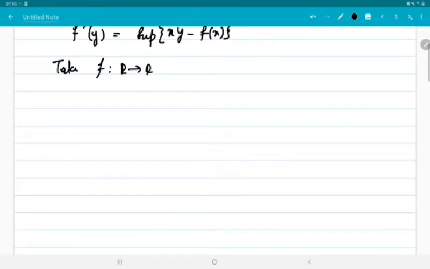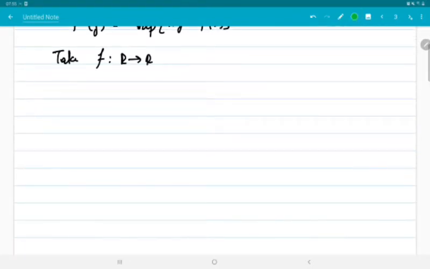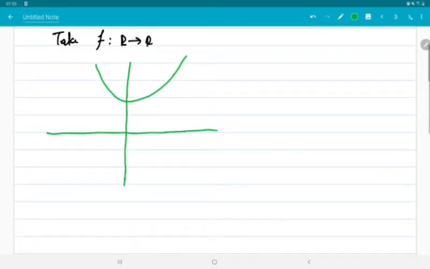So what does this mean? Let us take an example of a function. I'm going to draw a function like this, suppose. This is my x, this is my f(x).